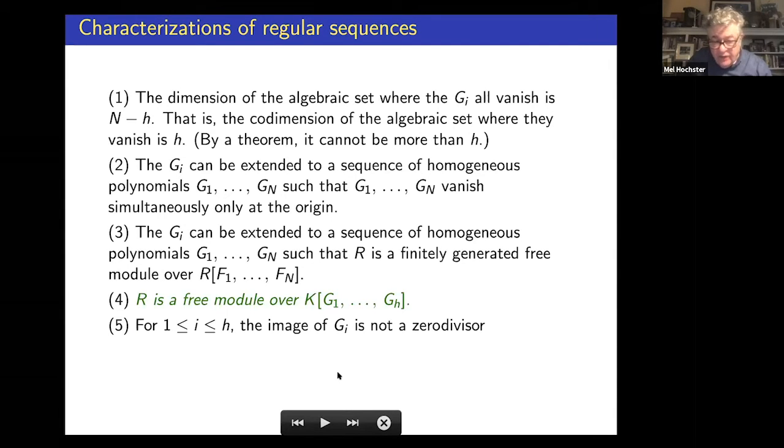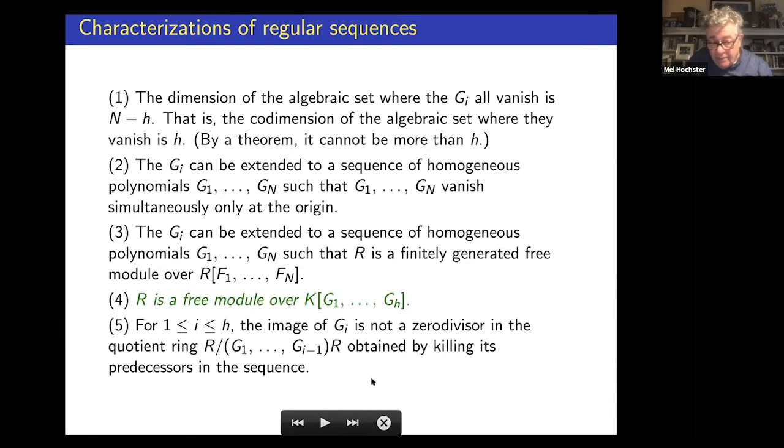And I'm mentioning the fifth condition, but I'm not going to refer to it again. And it says that each of them is not a zero divisor on the quotient ring by its predecessors. I mention it because in the general case in commutative algebra, that's how regular sequences are defined. Plus, they shouldn't generate the unit ideal. Here, that's not an issue because everything's homogeneous with positive degree.